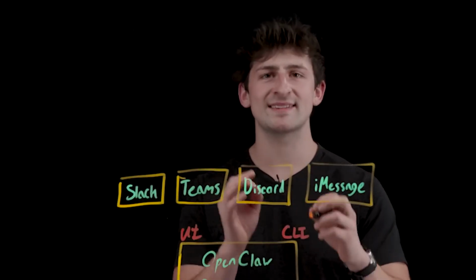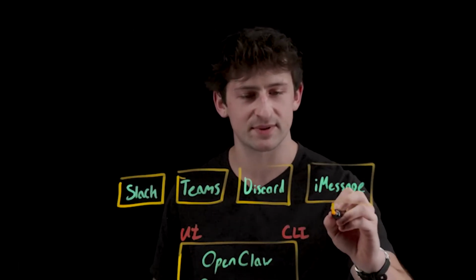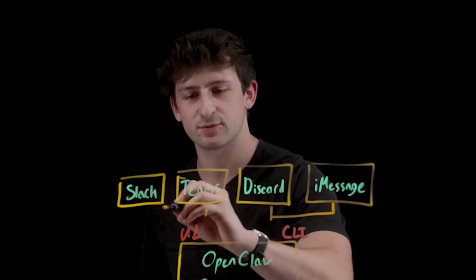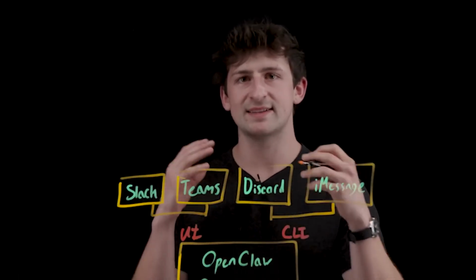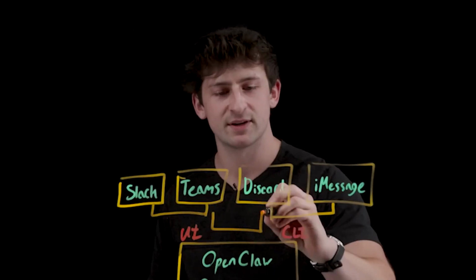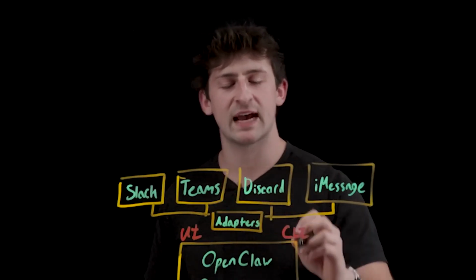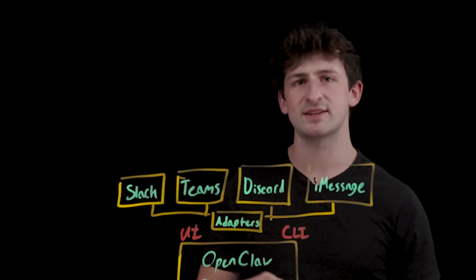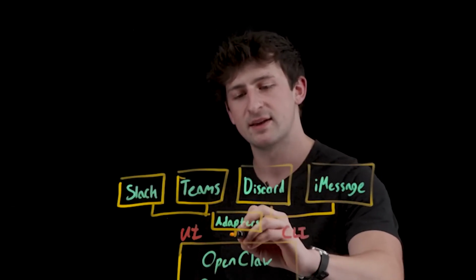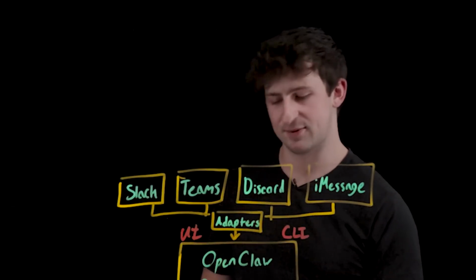But the way that is actually standardized to something like OpenClaw is through these different adapters. So the adapter takes in these different types of incoming sources of data into one unified internal format that can then be provided to that gateway.